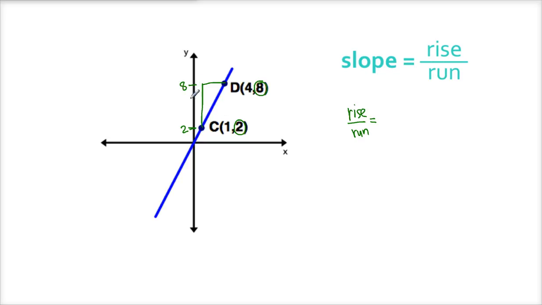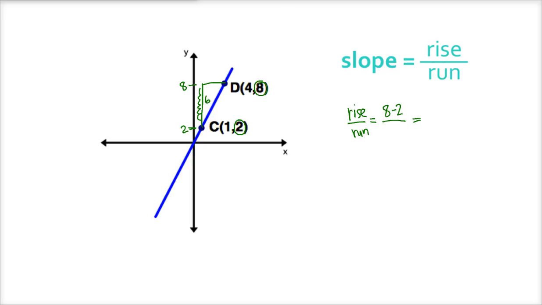So to find this length, this distance right here, I'm going to subtract 8 minus 2. So that means 8 minus 2 is 6. So that means this length right here is 6.